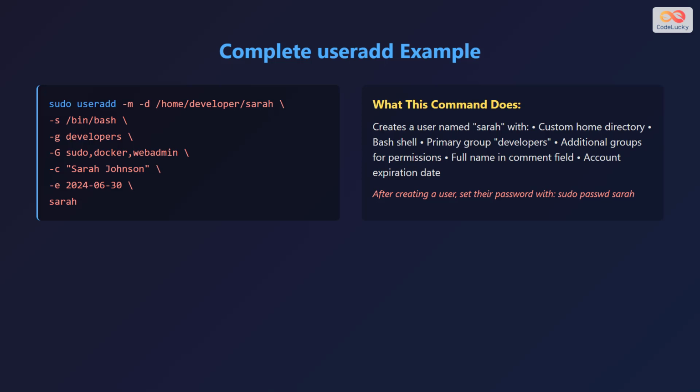It creates a custom home directory at /home/developer/sarah, sets the bash shell as the default login shell, assigns developers as the primary group, adds Sarah to the sudo, docker, and webadmin supplementary groups, adds the comment Sarah Johnson to the account, and sets the account expiration date to June 30th, 2024. After creating a user, it's important to set their password using the command sudo passwd sarah.